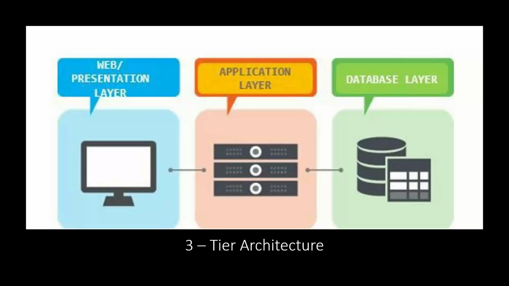The customer will see the output and give his input. That will be processed in the application layer, where your logic is processed. Then the database layer comes, where the data is stored.